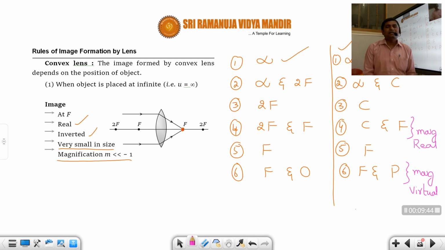If they simply say that, then you should consider both cases. But if they say that the image is magnified twice and the image is real, then you can take only one case, that is, the object has to be between center of curvature and focus. Otherwise, you have to take both cases, where m is equal to +2 or -2. And then, of course, you know how to solve these problems. I explained this in mirrors.